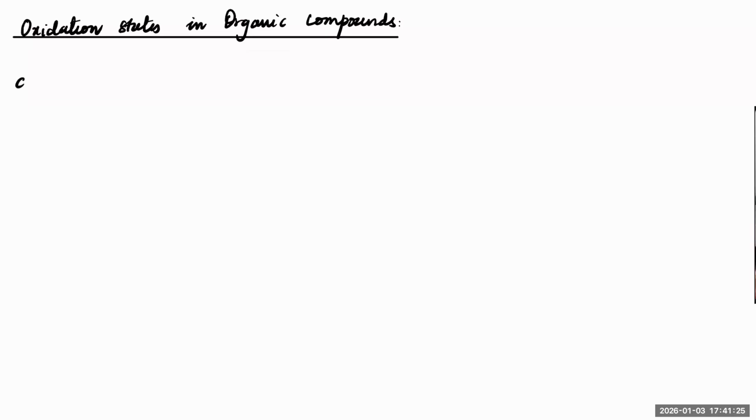We'll start with very simple ones. The first one being, let's say, methanol, CH3OH. Now, basically, here we have carbon with three hydrogens like this. This is the structure we have, methanol.